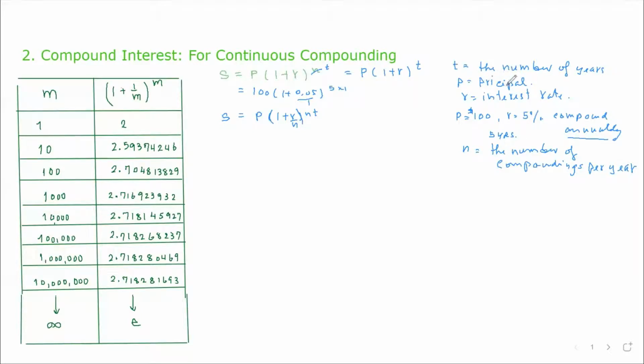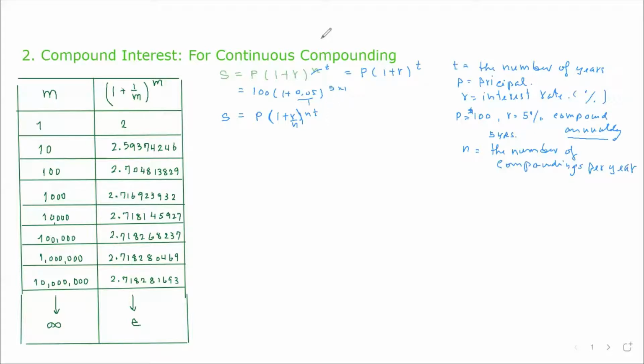P, the principal, is still the same, as is the interest rate, just how many percent. And sum means the total at the end of 5 years, the total amount plus the interest. So now this is one formula.